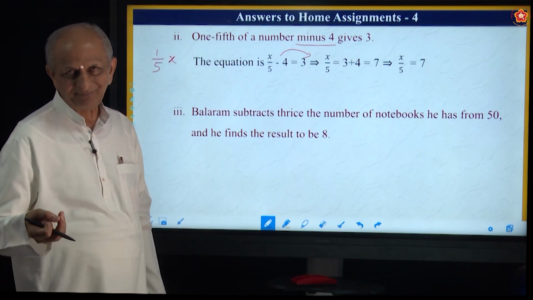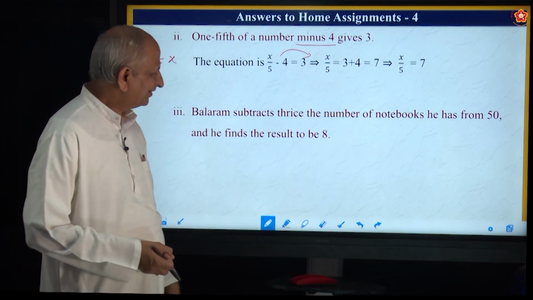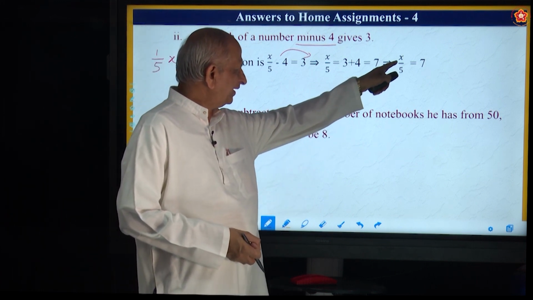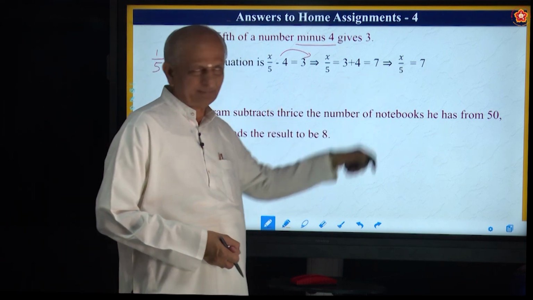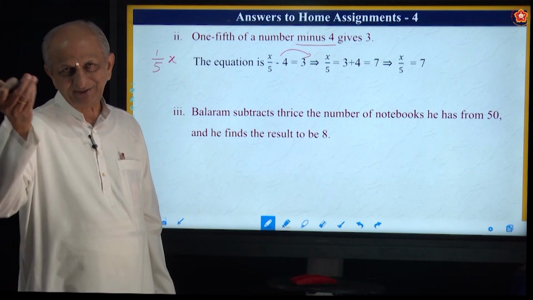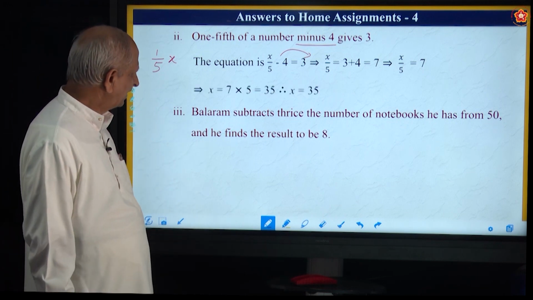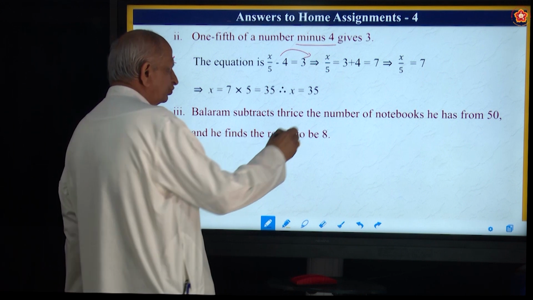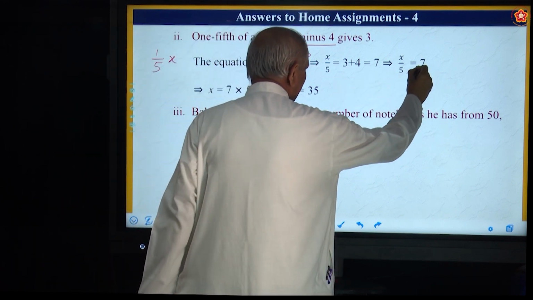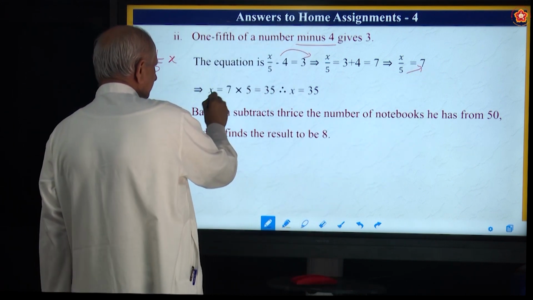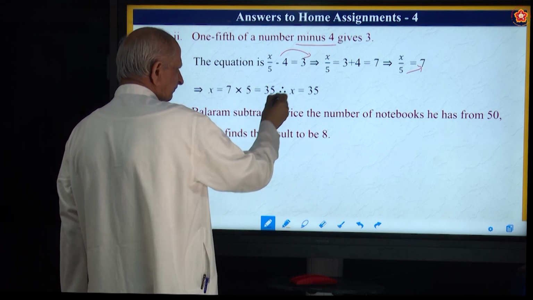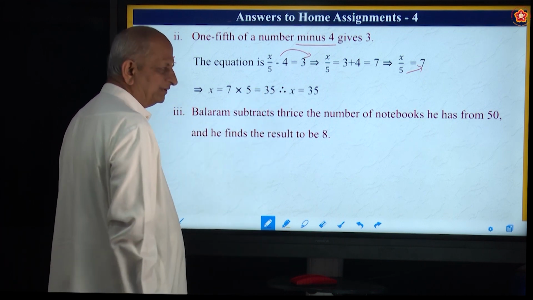Now, what is the next step? Here x is divided by 5. If you bring it to right hand side, what I have to do? You have to multiply it. So, 5 has to be multiplied with 7. So, x is equal to 7 into 5, that is 35. So, value of x is 35.